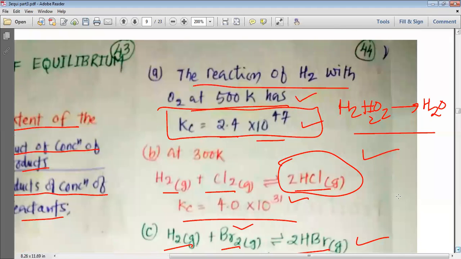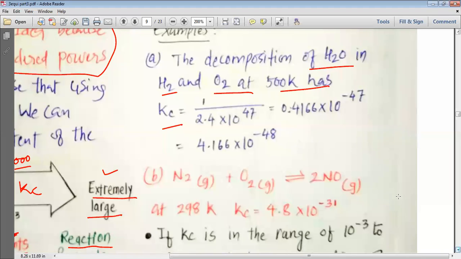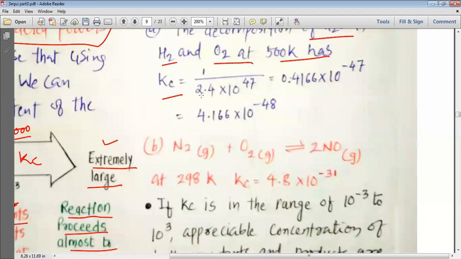So we take the inverse because it's just the opposite reaction, and that is why Kc dash is equal to 1 upon 2.4 into 10 to the power 47, which is 0.4166 into 10 to the power minus 47, which we write as 4.166 into 10 to the power minus 48.